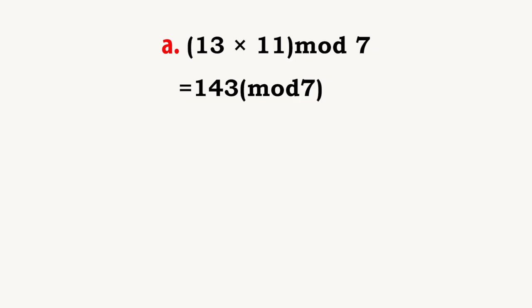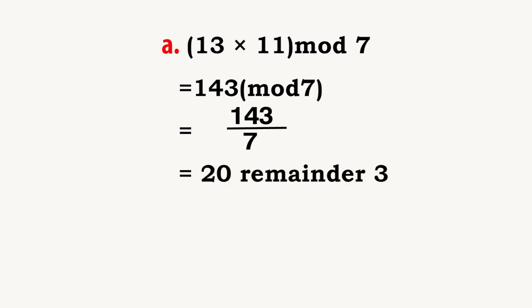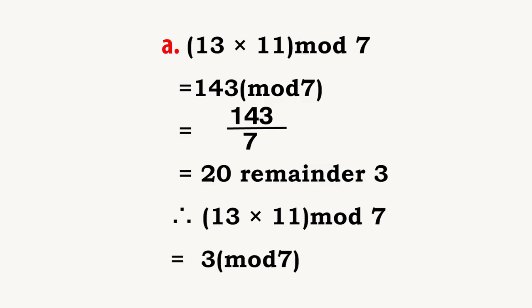So what do we do? We change 143 to a smaller number in mod 7. Now dividing 143 by 7, we get 20 remainder 3. Therefore, 13 times 11 mod 7 is equal to 3 mod 7.